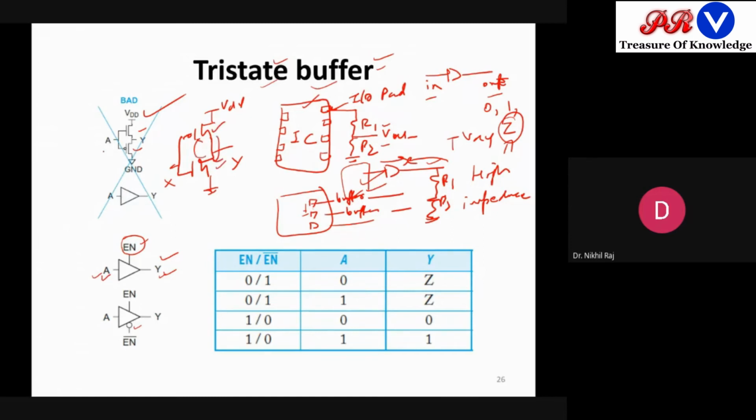If A is 1, this transistor will be on and I will get a weak 1. If A is 0, I will get a weak 0. So though it is operating as a buffer, the logic levels are not strong. We are getting a weak logic level. This means a simple design of a buffer will not work, so we go for the tri-state based buffer design.